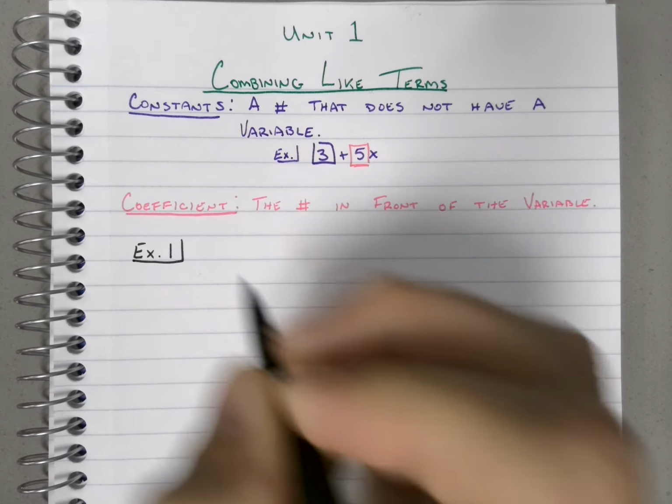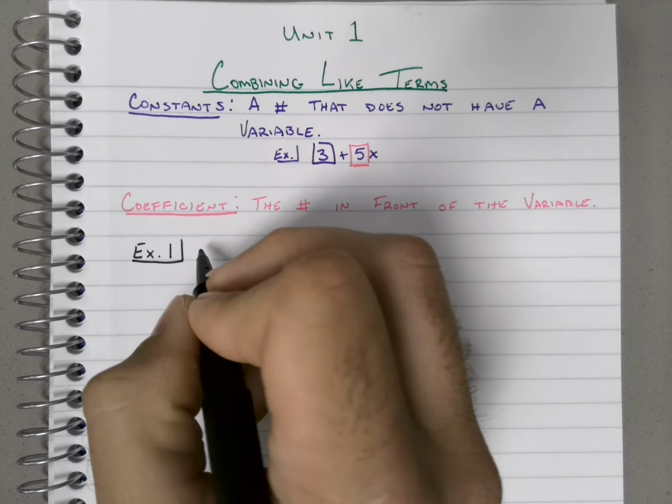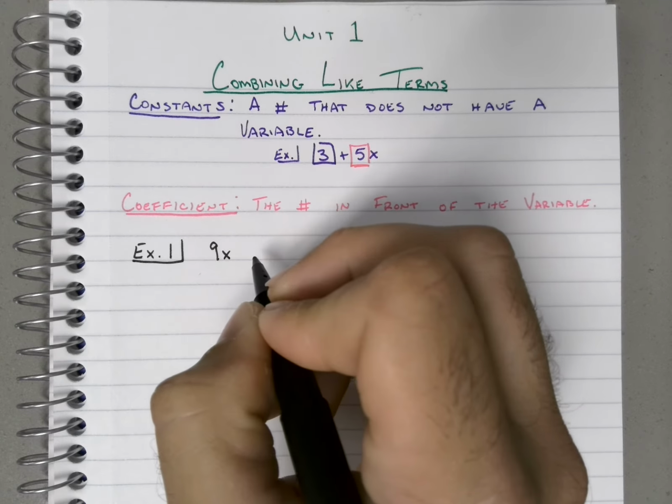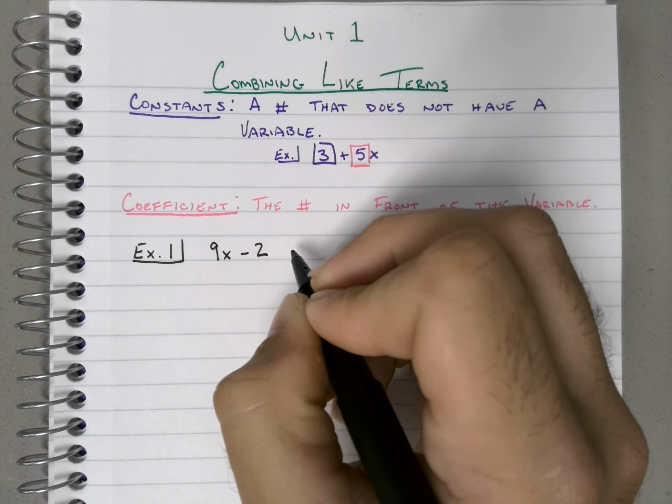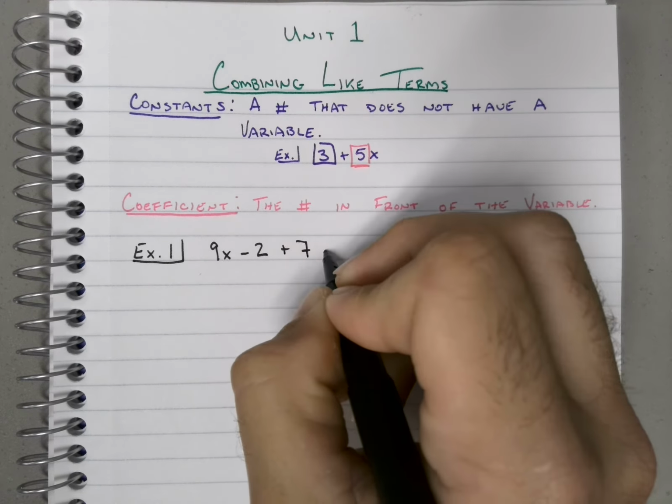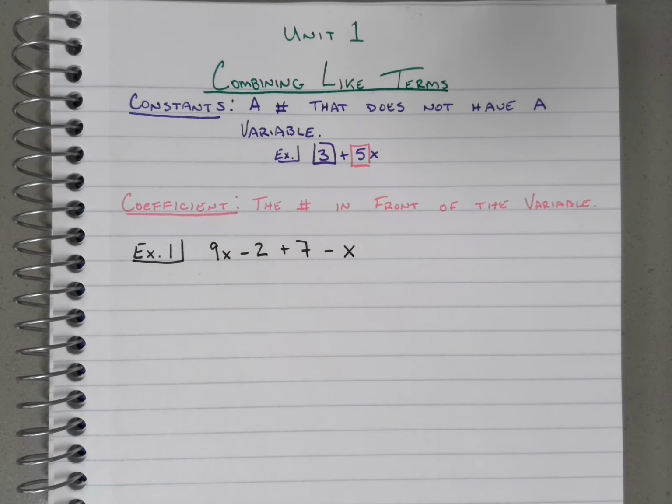All right, so let's look at our first example here. Example number 1. If I have 9x minus 2 plus 7 minus x, okay? And what we're going to do is combine our like terms here.